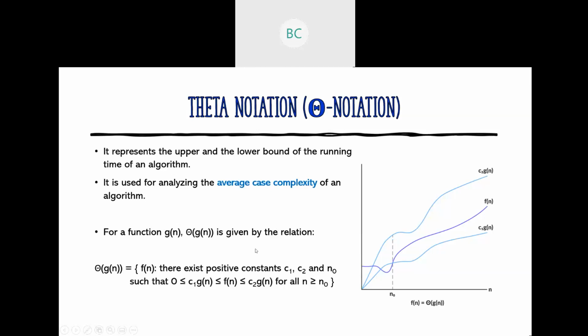We can express it like this: big theta of g(n) is equal to function f(n) such that there exist two positive constants c1 and c2 and an n naught such that f(n) will lie between c1 g(n) and c2 g(n) for all n greater than n naught.